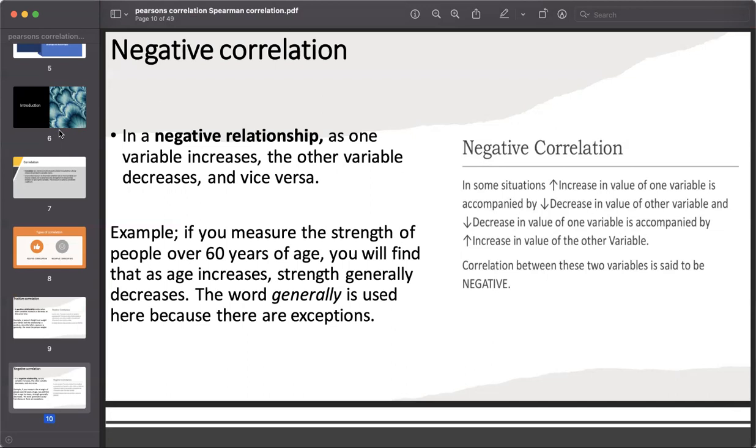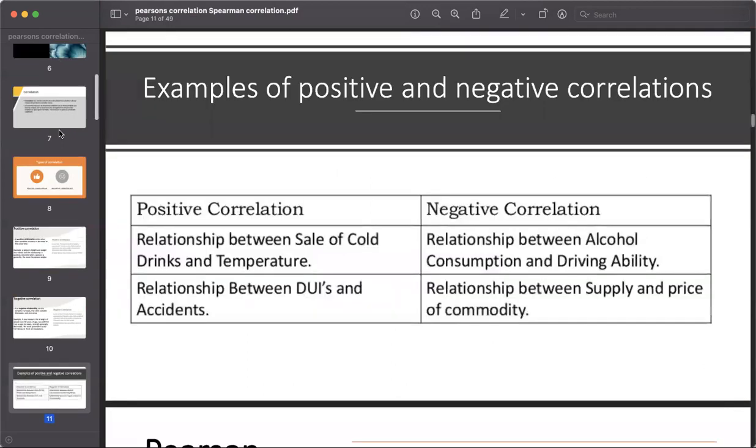In some situations, an increase in the value of one variable is accompanied by a decrease in the value of the other variable, and a decrease in the value of one variable is accompanied by an increase in the value of the other variable. Correlation between these two variables is said to be negative. There are some examples of positive and negative correlation.